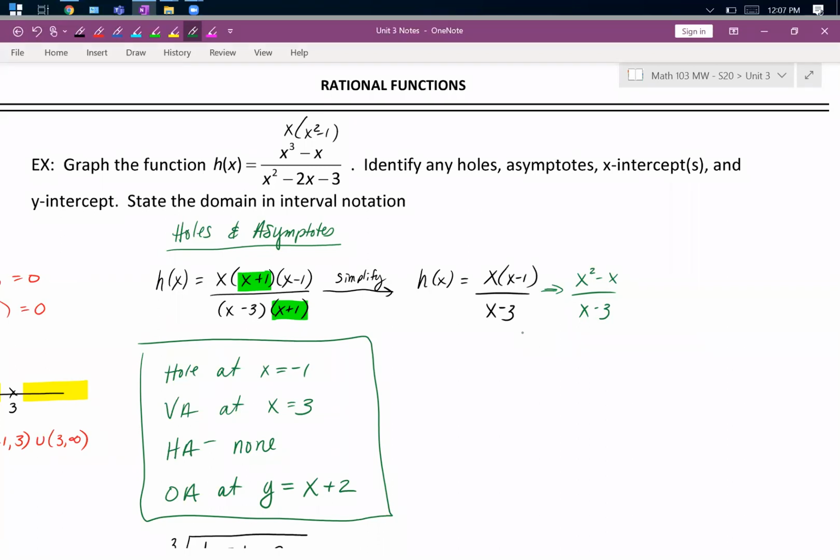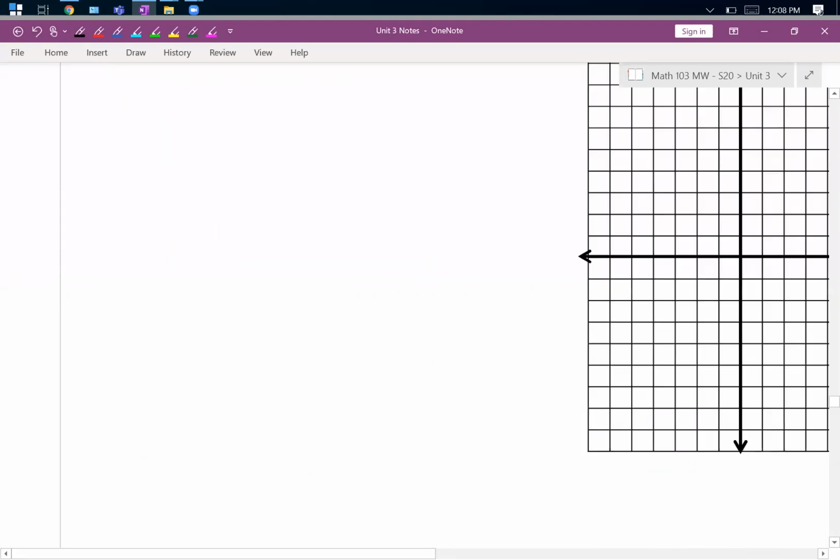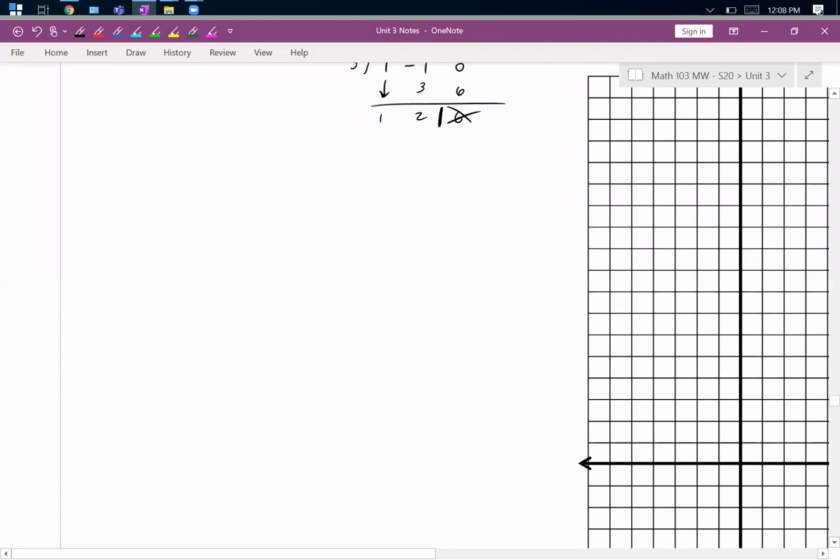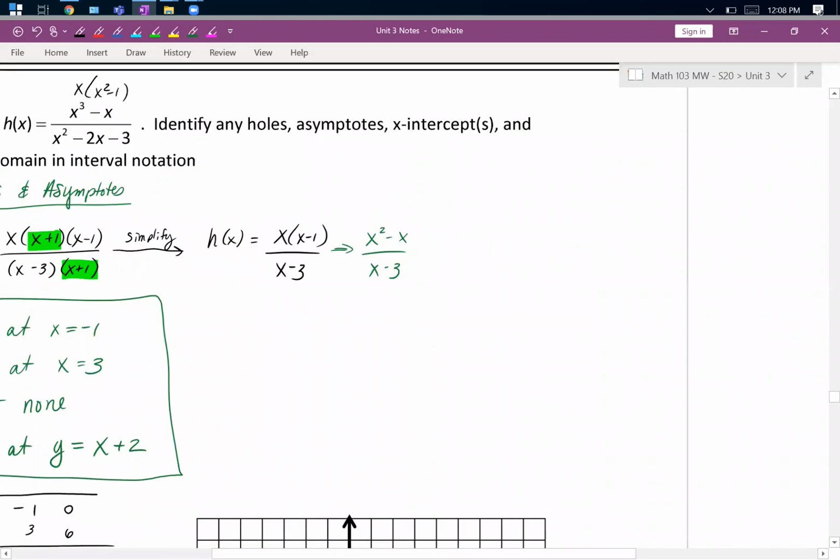All right, intercepts are next. Where am I gonna put this? All right, I can fit it right here. X-intercept. For any x-intercept ever in our life, we let y be equal to 0 and then solve for x.